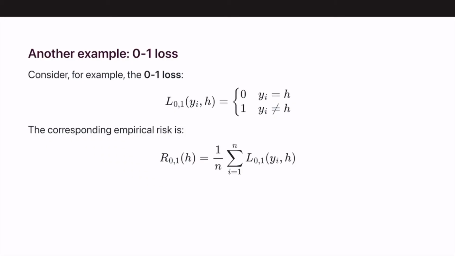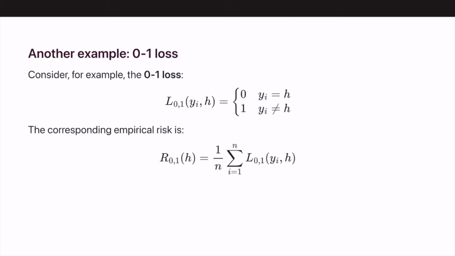So you can think of this as an if-else statement. If your data equals h, assign 0. If it doesn't equal h, assign 1. And we're going to sum those all up. And remember, 0 is what we want because we're trying to minimize loss. We want the lowest amount possible.